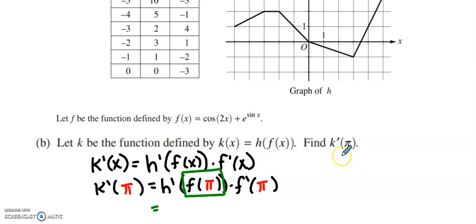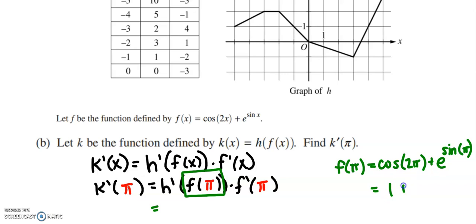F of pi is going to require the cosine of 2 pi plus e to the sine of pi. All right, well, cosine of 2 pi is equal to 1 plus e to the sine pi. Sine of pi we said was 0, e to the 0 is 1. So f of pi is going to really be equal to 2.